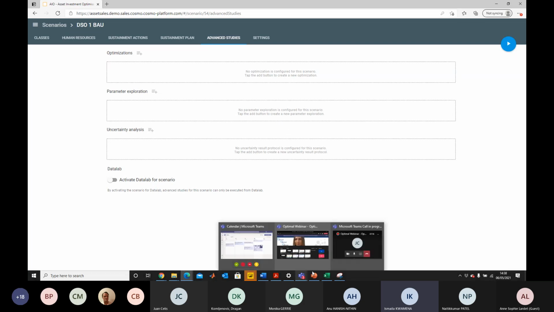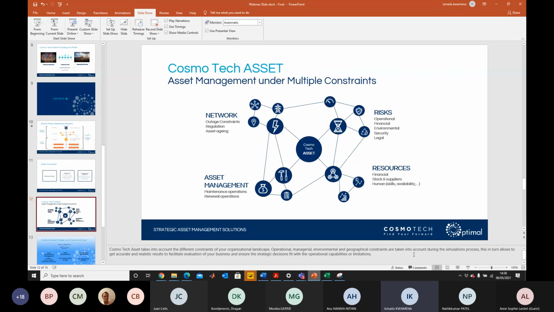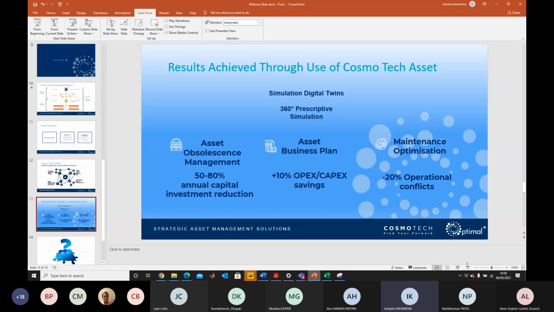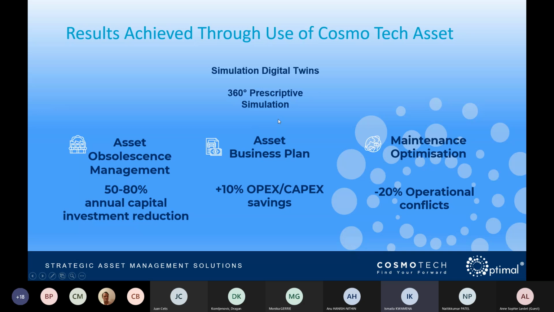Okay, I will go back into the presentation mode over here. With the case study that I just presented, it resulted in a reduction of 8% in the TOTEX, which is the overall expenditure. However, there are many more benefits which could be derived from using this digital simulation software. It is a 360 prescriptive simulation, so it gives you an entire overview of all your assets.